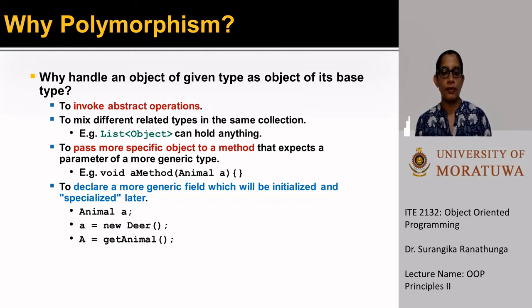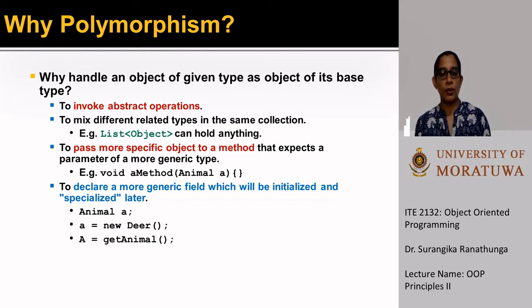Similarly, if a method is going to return an object depending on its method logic, sometimes we don't know whether it will be an academic employee or a non-academic employee that will be returned. In that case, our return type can be employee. So when the return type is employee, the method can return both academic employees and non-academic employees.